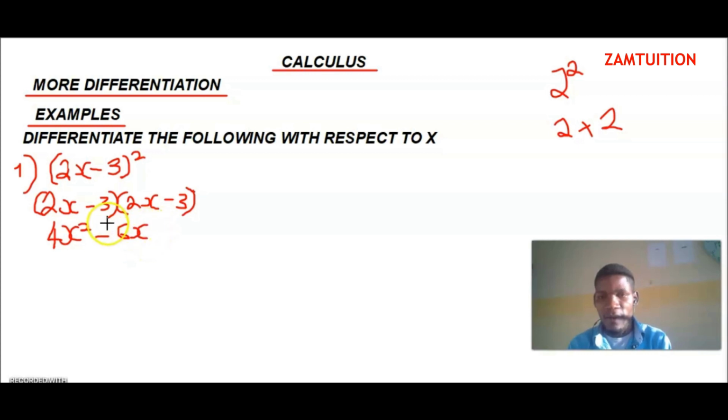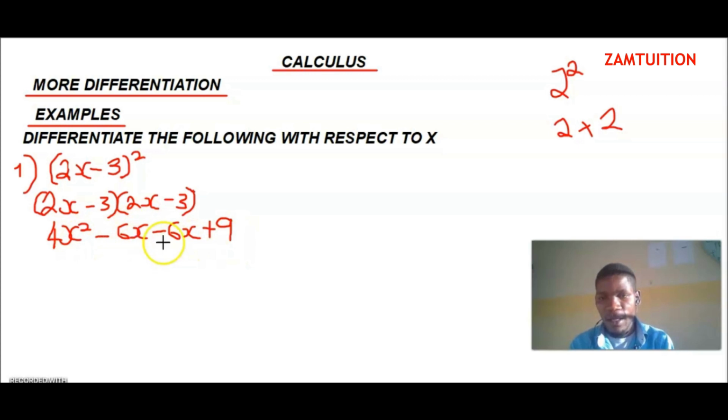And then negative 3 multiplied by 2x, again gives us negative 6x, and then negative 3 multiplied by negative 3 gives us positive 9.